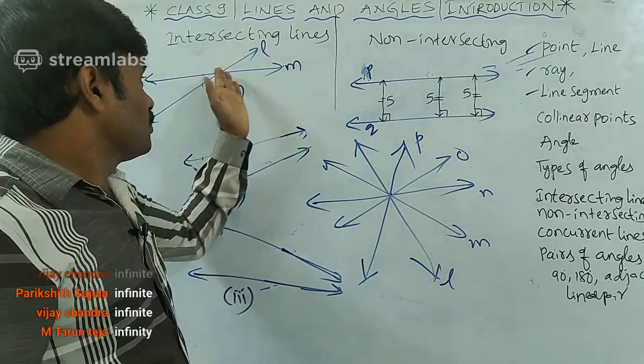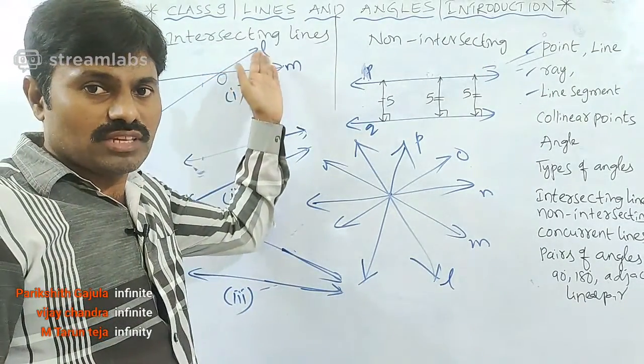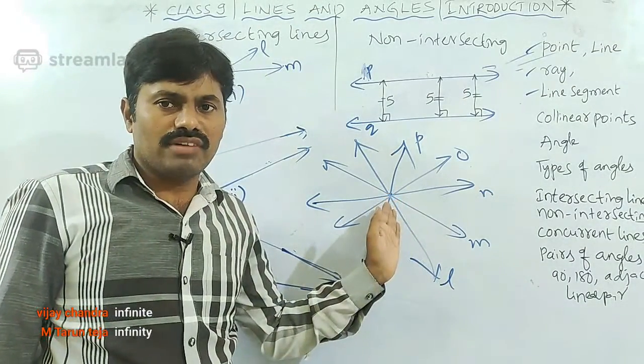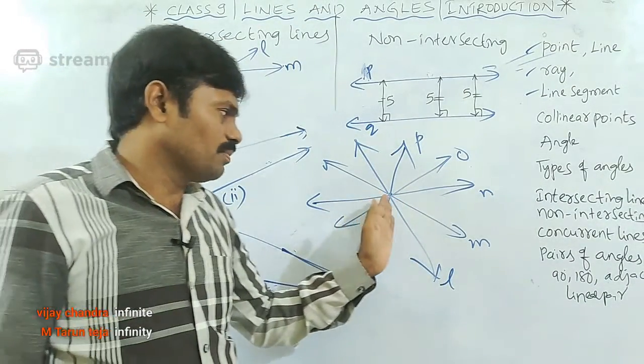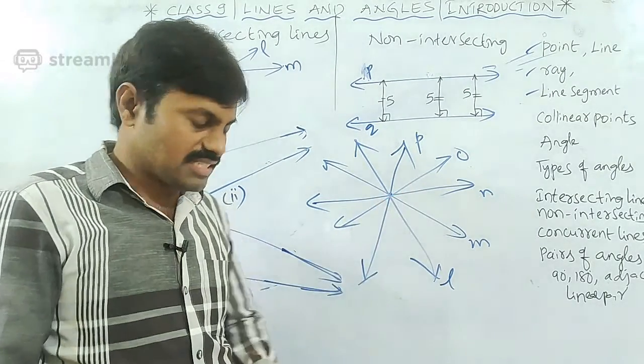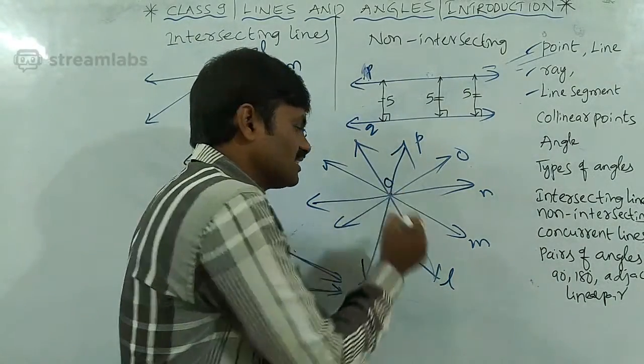Here only through a single point 2 lines are passed, so we call these intersecting lines. Now through this single point, many lines are possible. If you consider it as O, now what do you call these lines?